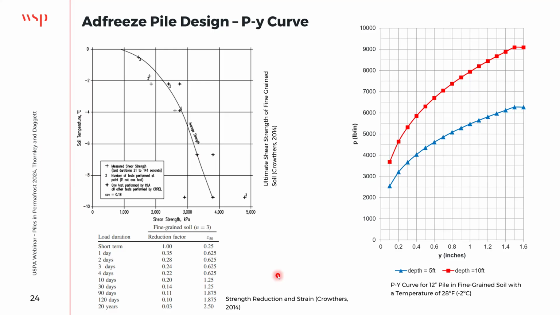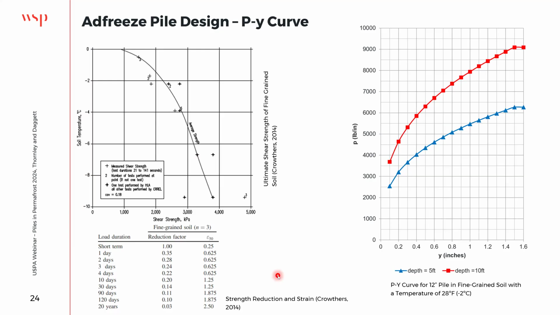So we want to take frozen soils and start looking at them with a p-y methodology. One approach is that Crothers came up with, where you can use the undrained shear strength of your soils in your frozen conditions.